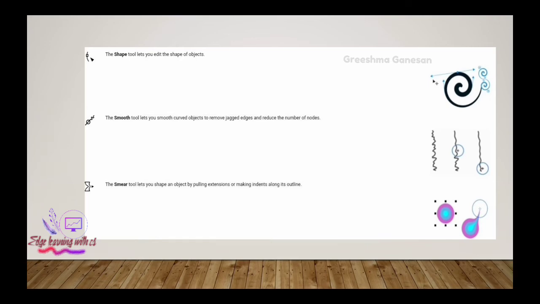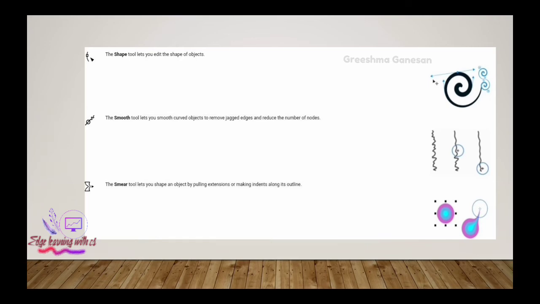So you choose an object, and then if you use the shape tool, you can edit that shape like this. You can see the symbol available here with the black and blue icon. Then the next tool is smooth.